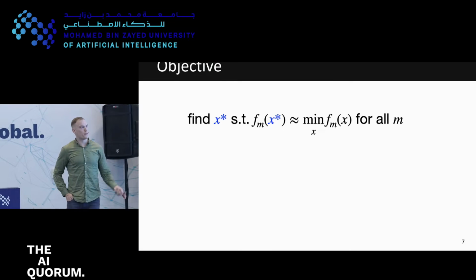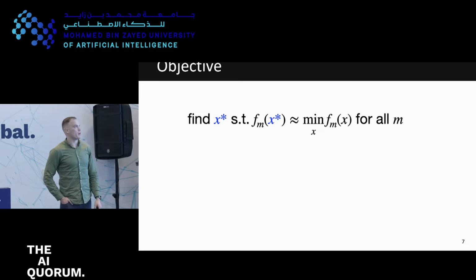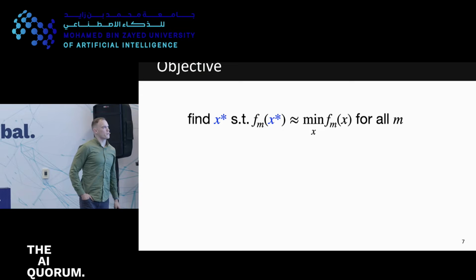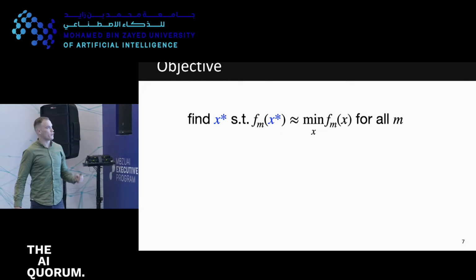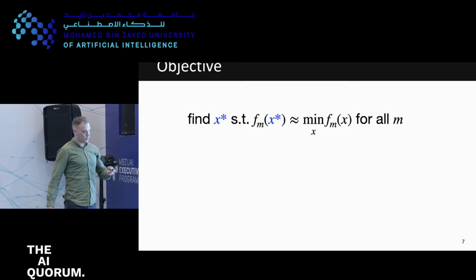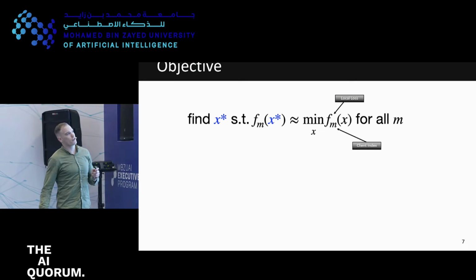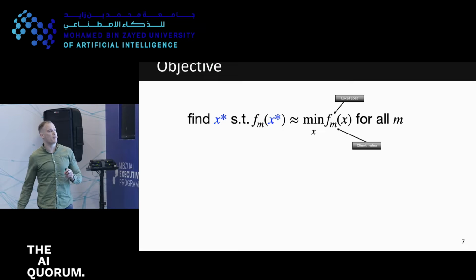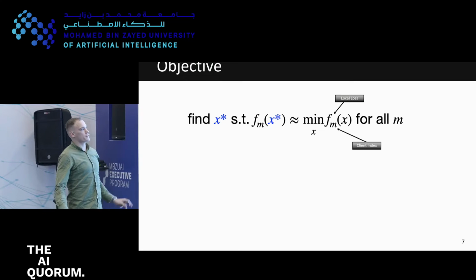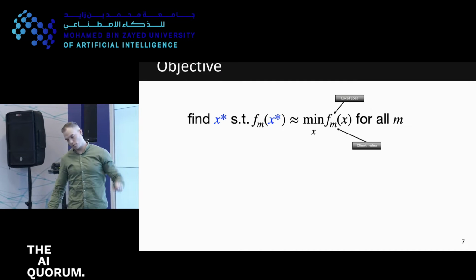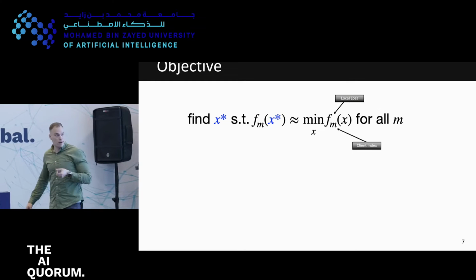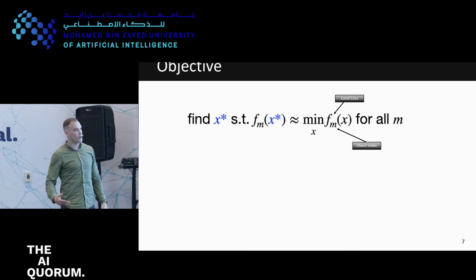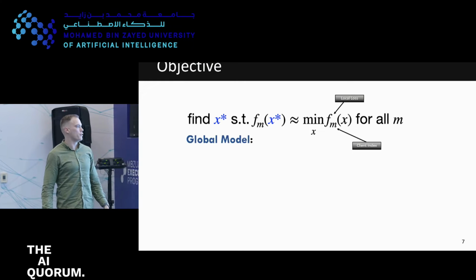As was already discussed, especially in Eric's talk, the standard objective that we tend to optimize is to find a global model, which I'm going to denote X star, such that, given the local loss on each client, this X star acts as a good approximation to the true minimizer for each local client.